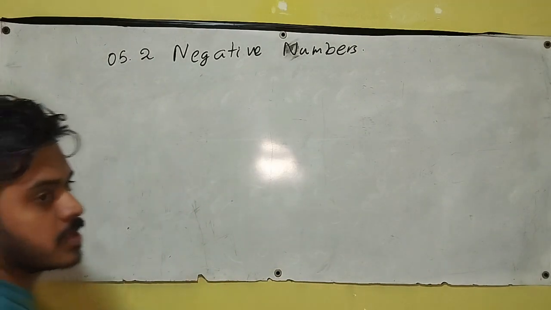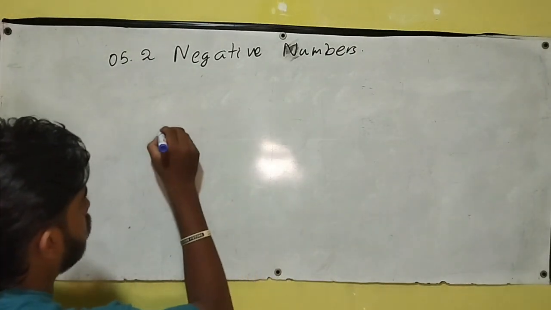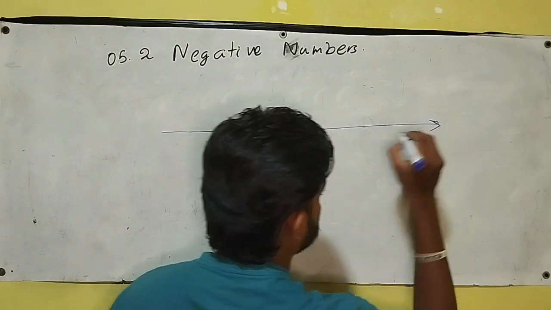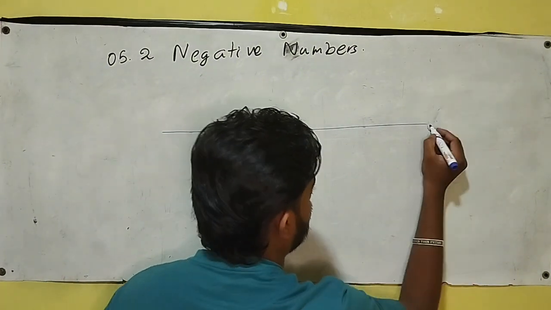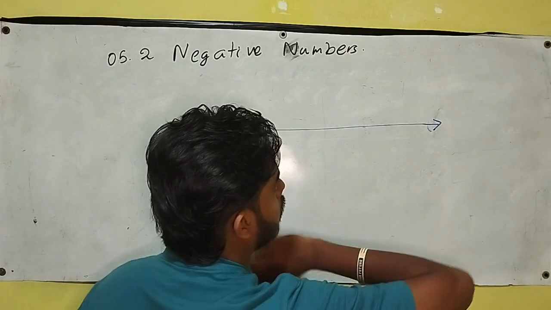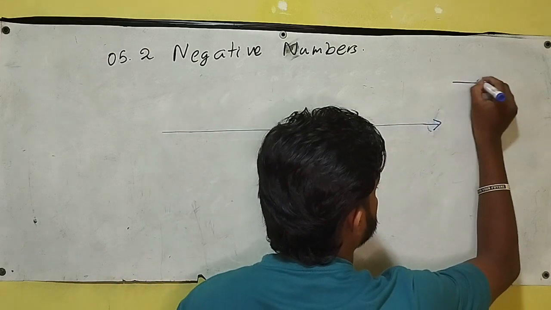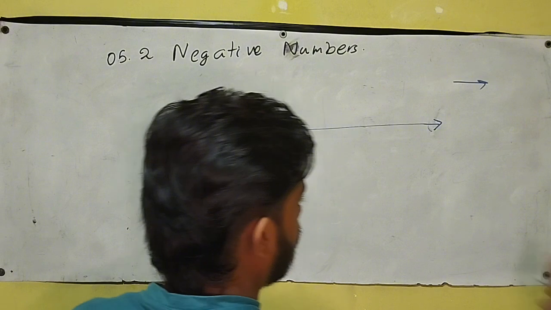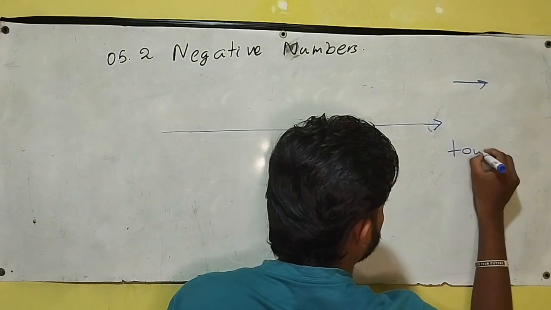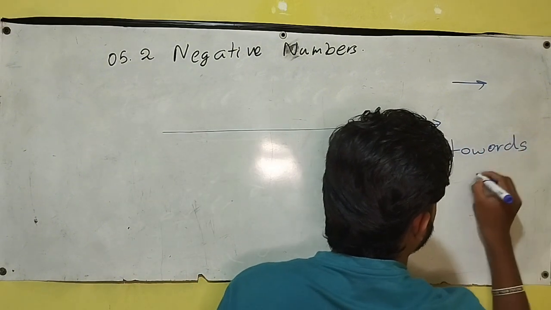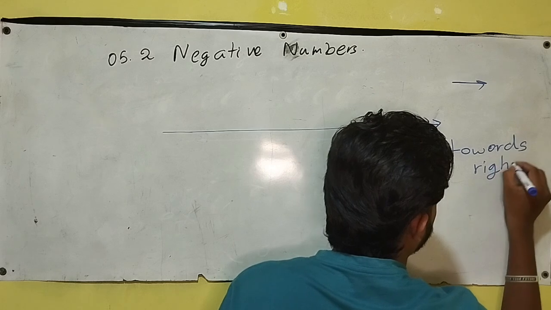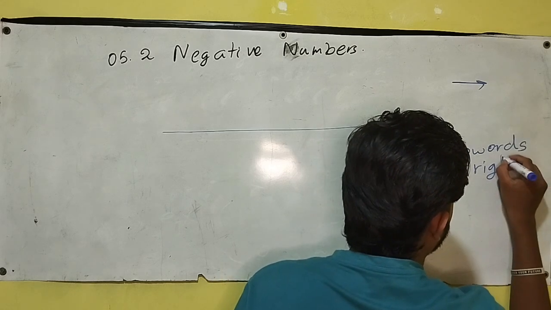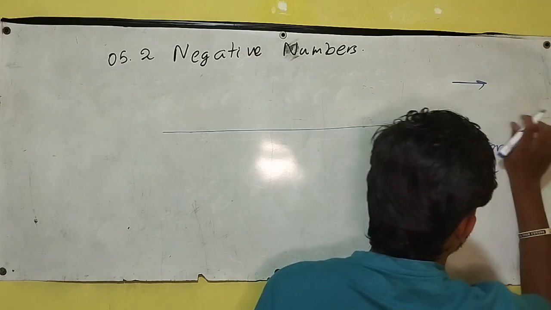What is the first step? Draw a straight line and put arrowheads. This is your right hand, this is your left hand. Now towards the right hand.